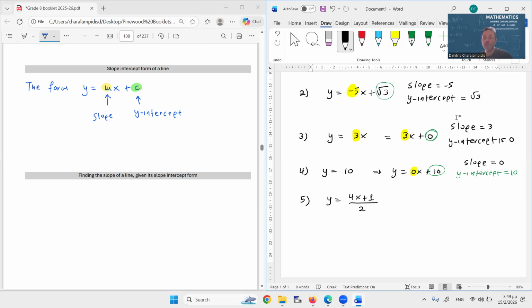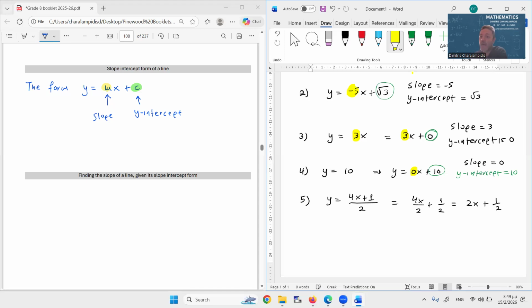So what should I do in this specific one? I will try to rewrite it first in the slope intercept form. How is that done? I will split the fraction into two different ones. 4x over 2 plus 1 over 2. 4x over 2 is the same as 2x. 1 over 2 is just 1 over 2.